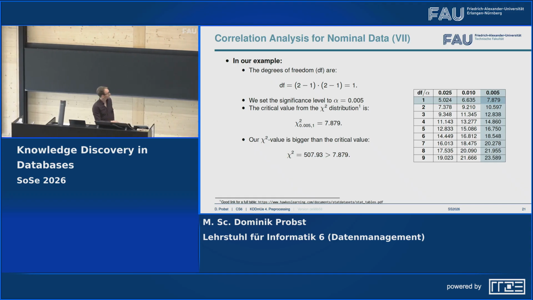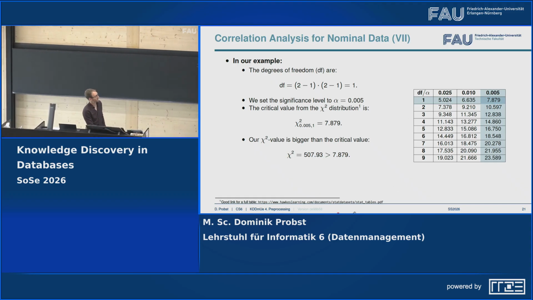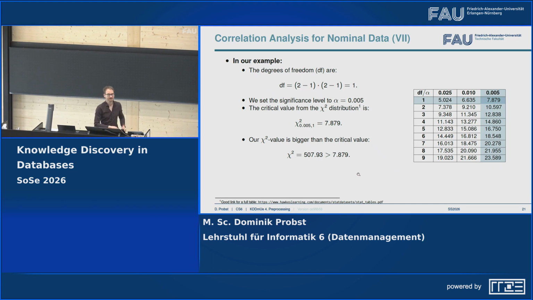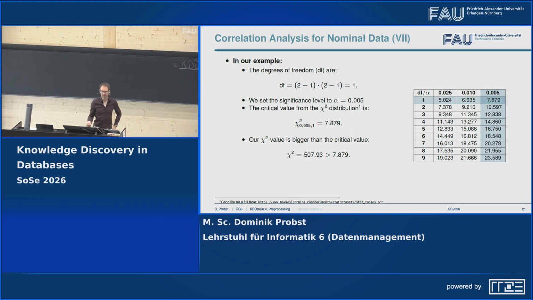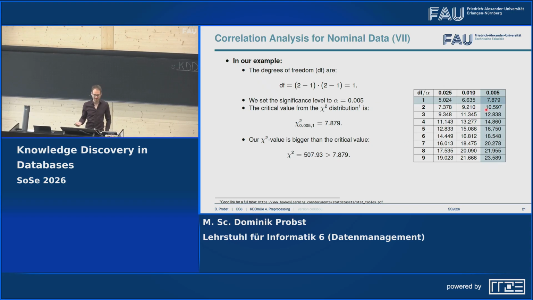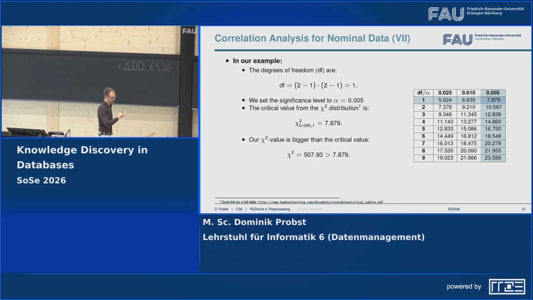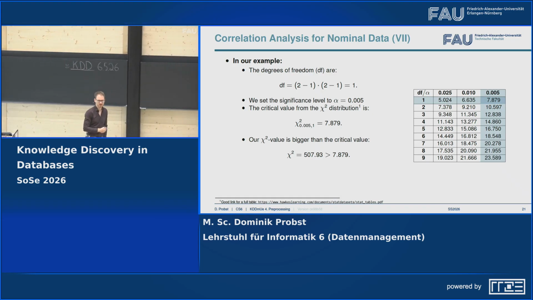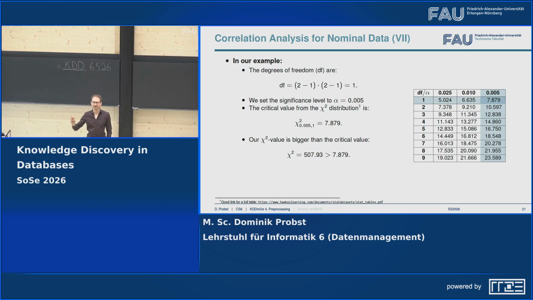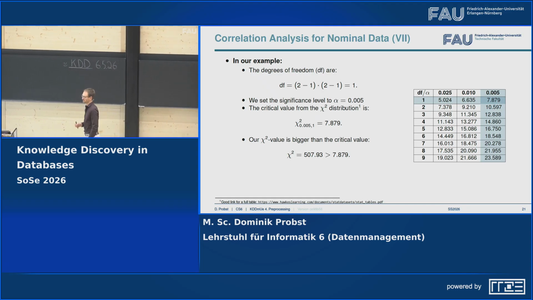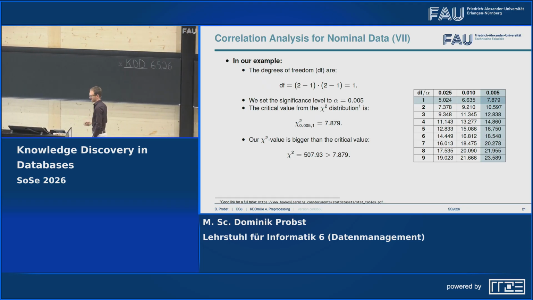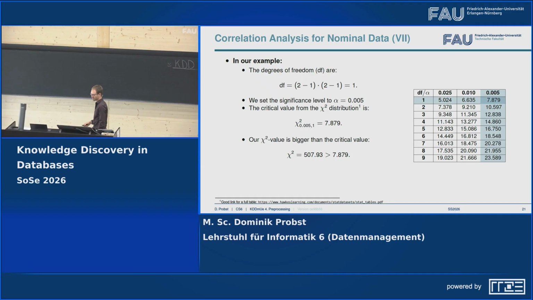I've also linked, and it's a clickable link if you take a look at the documents, these tables. These tables are something that are in every good formula collection. You find a table like that for chi squared, because you can simply look it up.